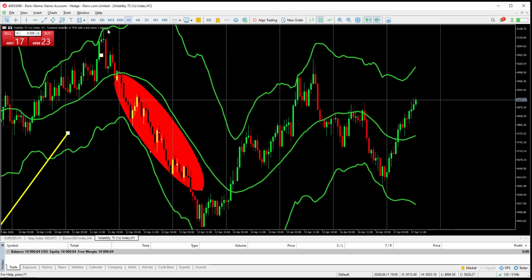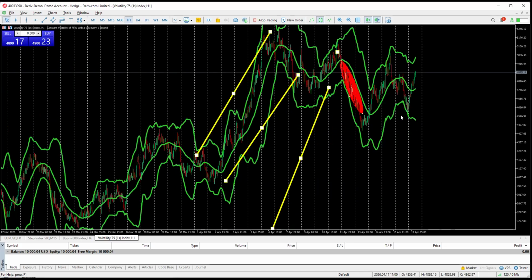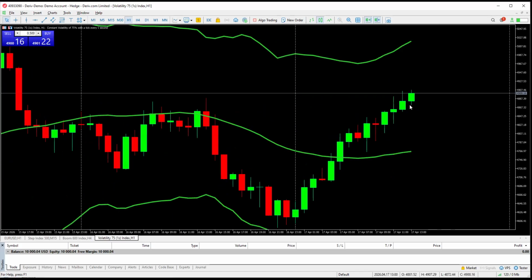This is the H1 time frame, which is 1 hour. When I say H1, it means one candlestick is going to take 1 hour to complete before it forms another one.